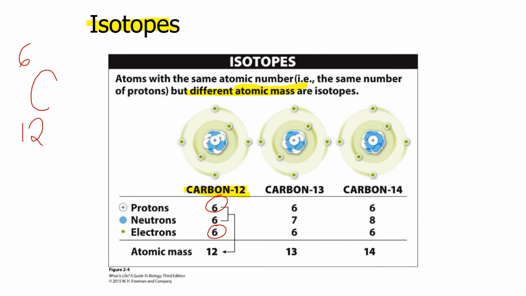So 12 minus 6 gives me 6 neutrons. Why do we usually call this carbon carbon 12? We refer to it as carbon 12 because 12 is its atomic mass.